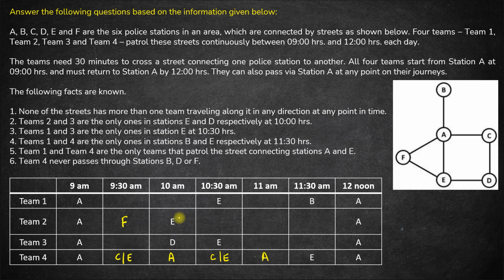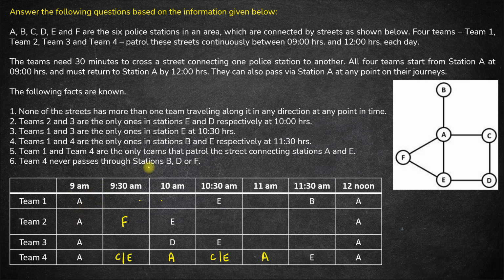Next, team 1 goes from A to E via 2 stations. So how is it possible to go to E via 2 stations? Let's see.